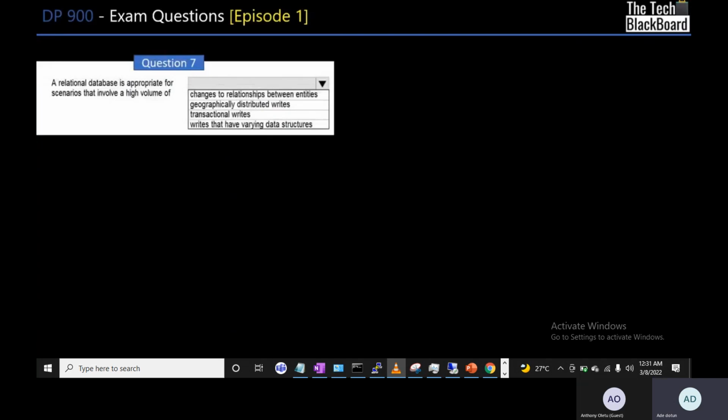Okay, so for question 7, a relational database is appropriate for what scenario? A scenario that involves a high volume of what?